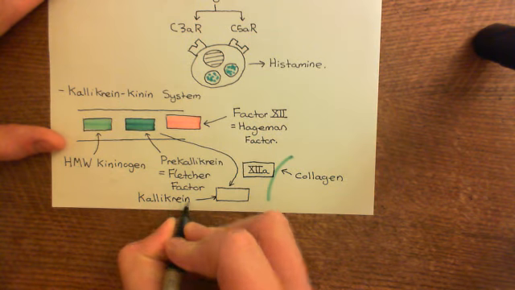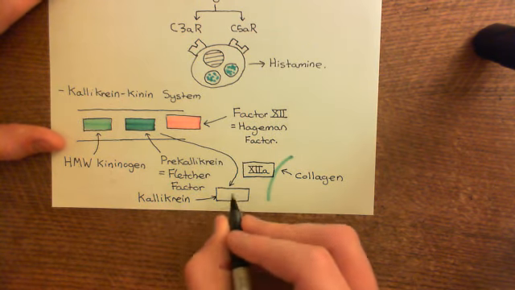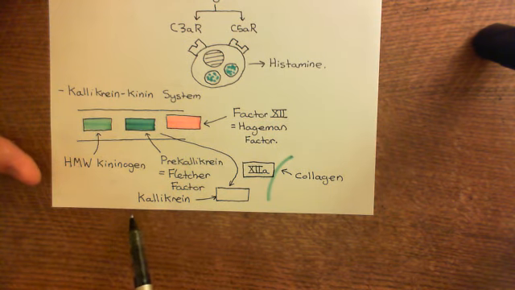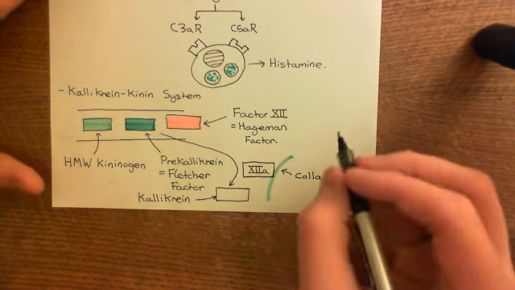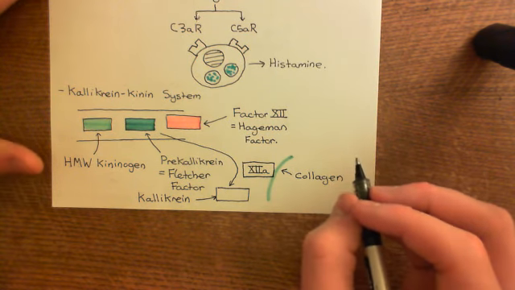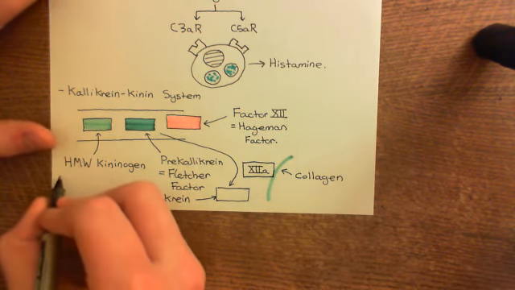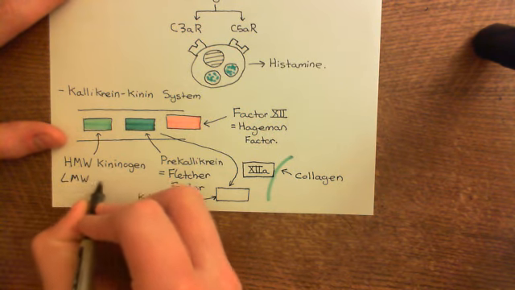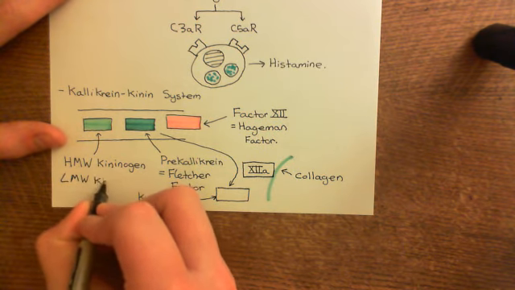Now this kallikrein is going to work on the high molecular weight kininogen, which has also followed it out of the blood. But it's not just going to work on high molecular weight kininogen, it's also going to work on another substrate, and this other substrate is low molecular weight kininogen, LMW kininogen.